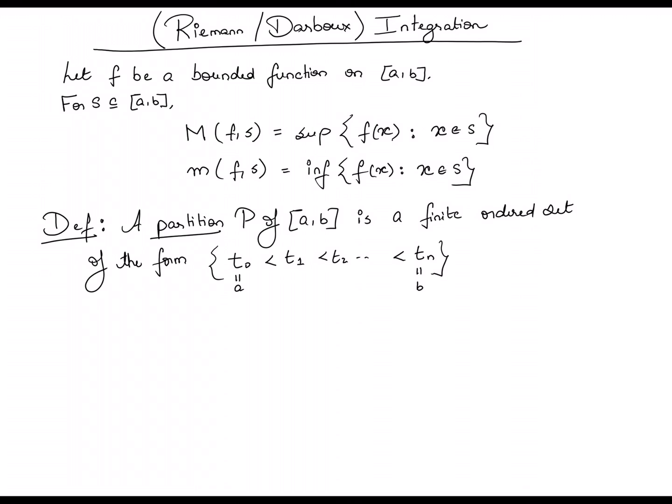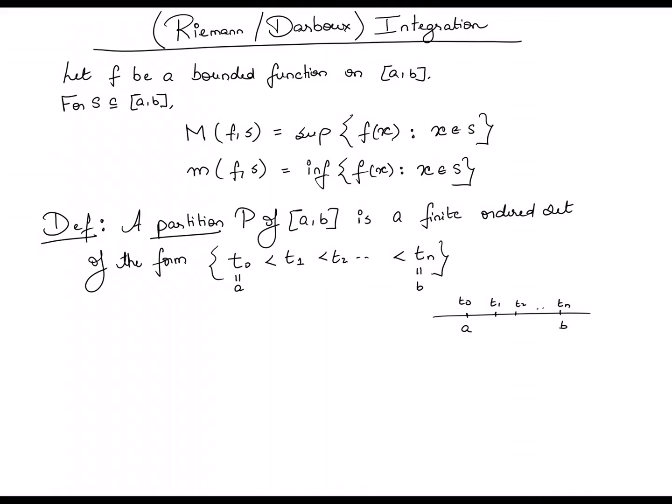So a partition of the interval will graphically break up the interval into n subintervals, right? So if this is A, this is B, well, A is the same as T0, maybe T1 is here, T2 is here, and so on, and then finally Tn is equal to B, right?